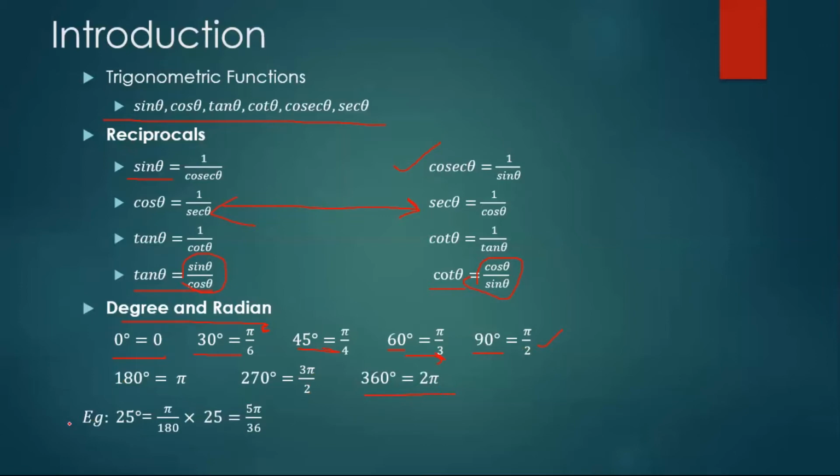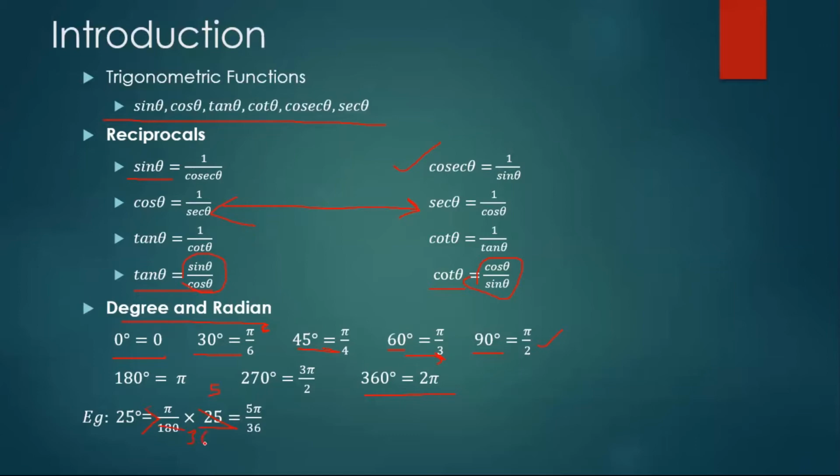A simple example of how a degree is converted into radian. If you have a degree measure that is supposed to be converted into radian, how do you do it? That is pi by 180 into the degree measure. So when we solve it, 25 in the 5 table, it is 5 times, and 180 in the 5 table, it is 36 times.